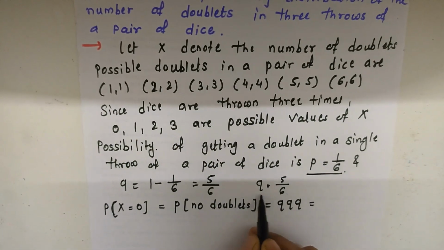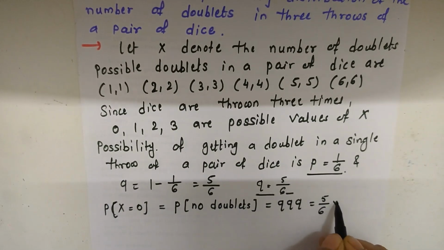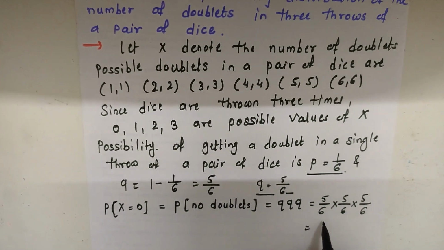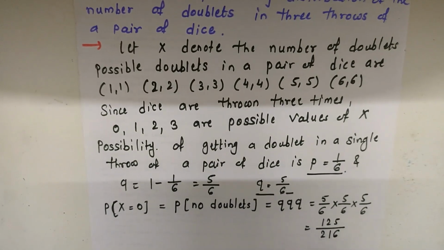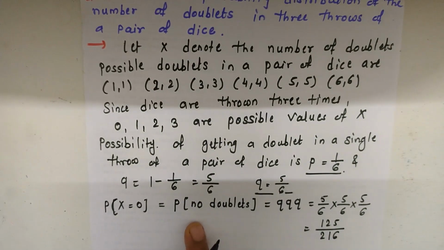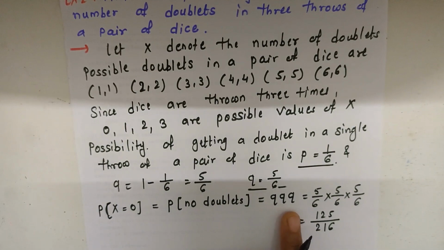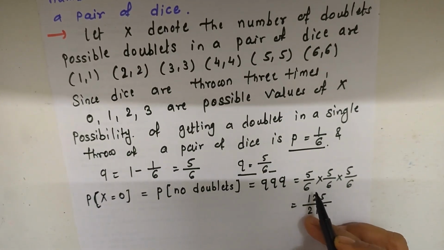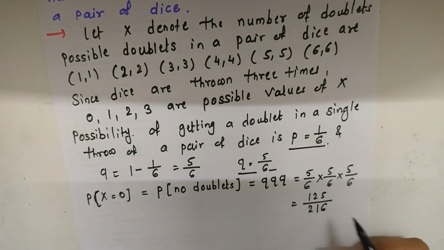The value of Q is 5 by 6, so the product is 5 by 6 into 5 by 6 into 5 by 6, that is 125 by 216. So the probability for no doublets is the product of 3 times failure, 5 by 6 into 5 by 6 into 5 by 6, which is 125 by 216.